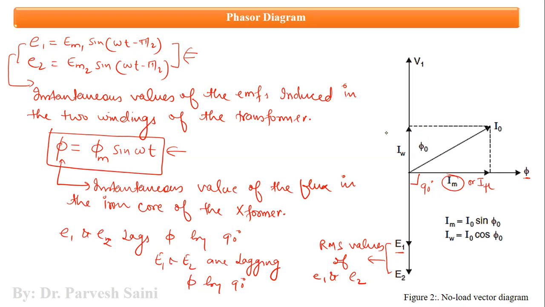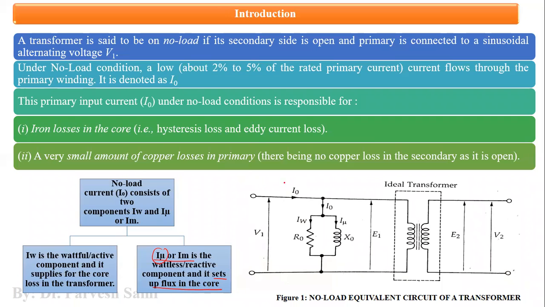Then let us come back to this diagram. In this diagram, if you see, this I naught current, when it flows through the core of the transformer, gets divided into two components. And again, I am telling you this is a symbolic representation just to signify the effect of this no load current in the core of the transformer, even when the transformer is not connected to any load.